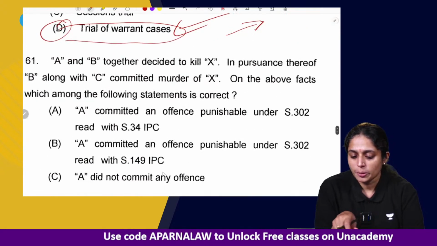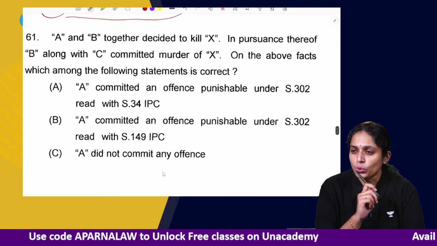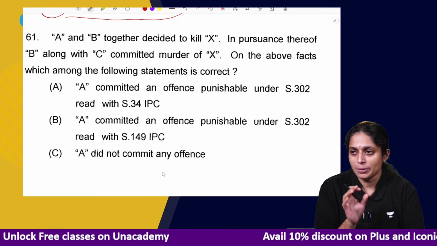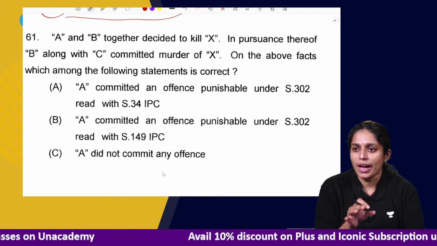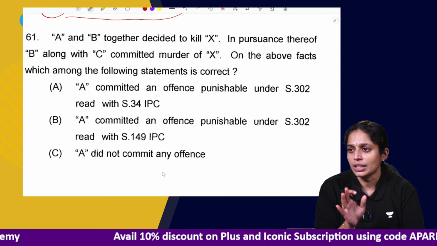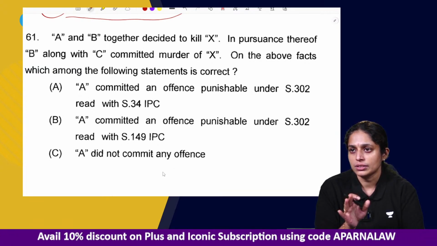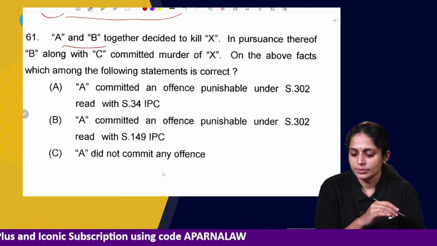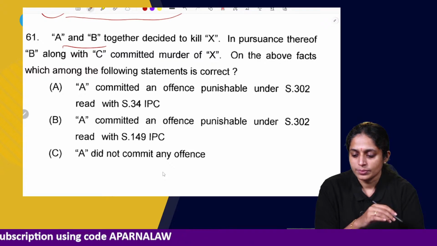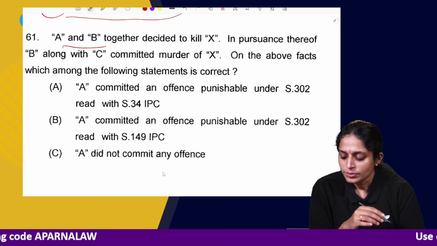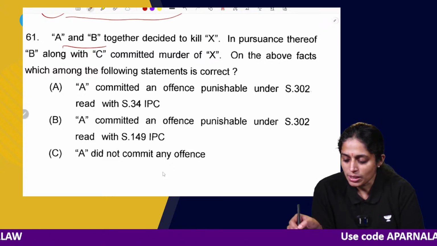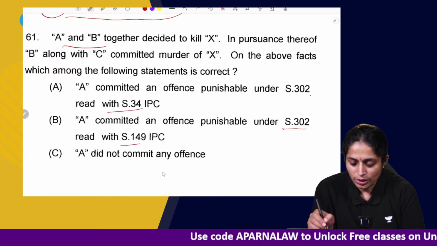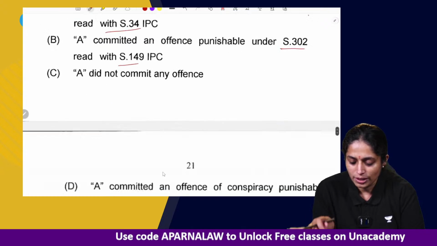Next, 61st question. A and B together decided to kill X. In pursuance thereof, B along with C committed murder of X. On the above facts, which among the following statements is correct? Together they decided. A committed an offence punishable under section 302 read with 34, punishable under section 302 read with 149. A did not commit any offence.